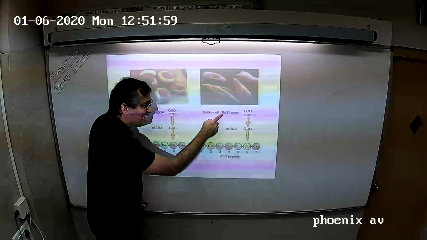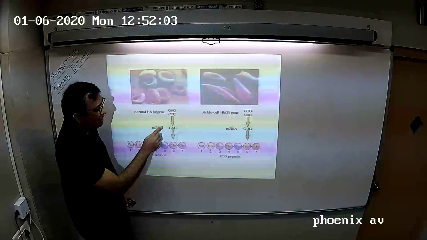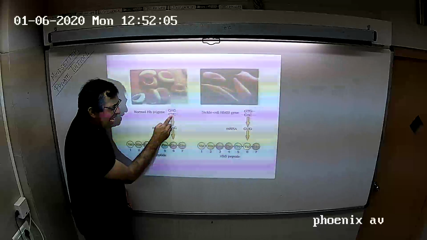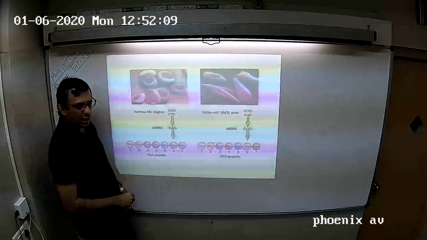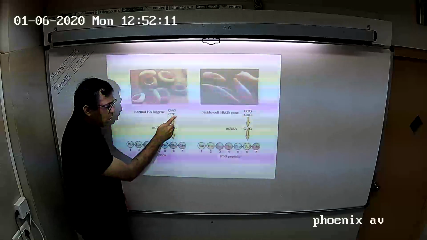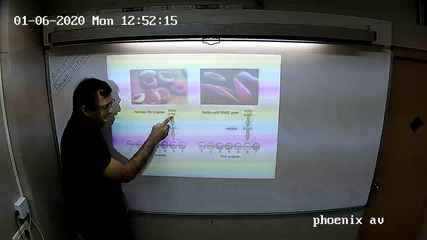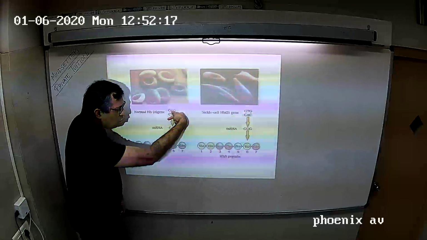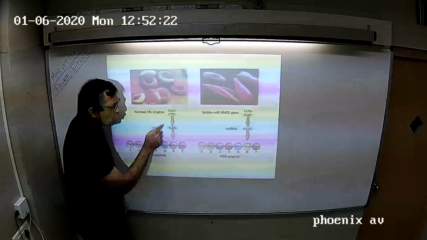In a sickle cell HbS gene, the A and T undergo a rotation. तो GAG और CTC के अंदर second nucleotide AT undergoes a rotation and inversion takes place.